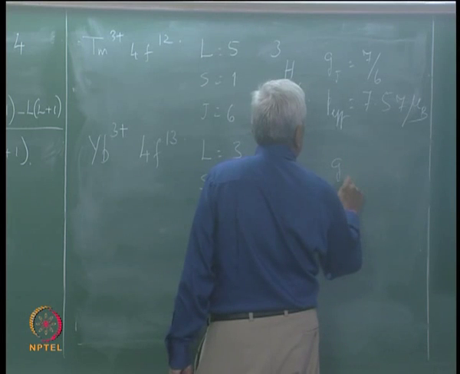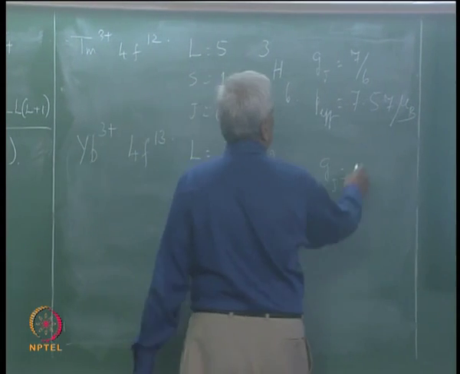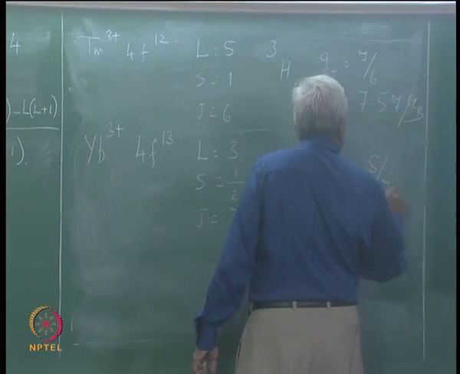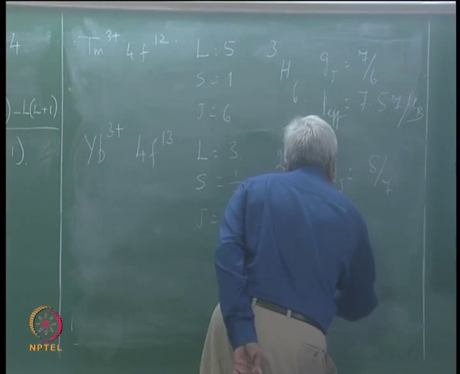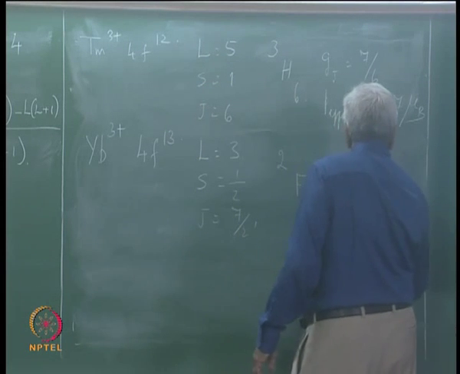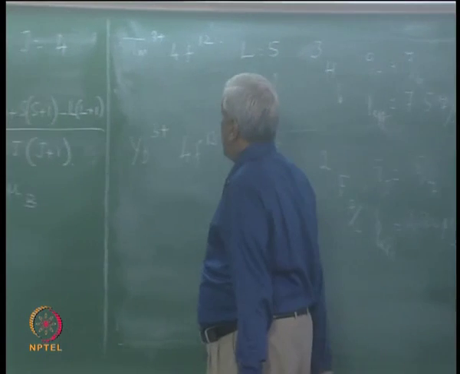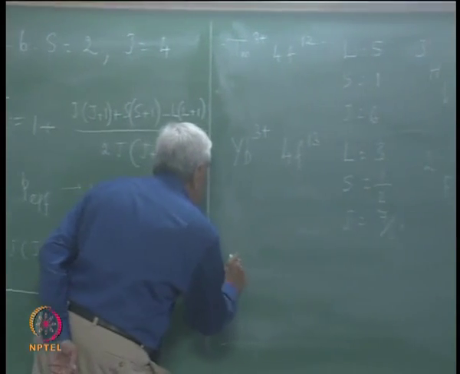So, Gj is 8 by 7 and P effective is 4.24 Bohr magnetons.